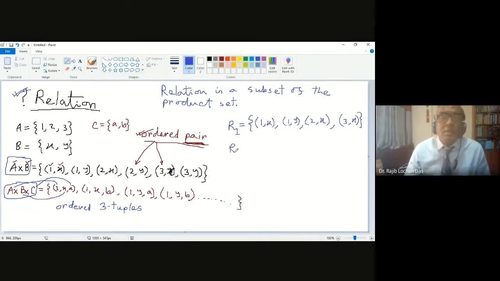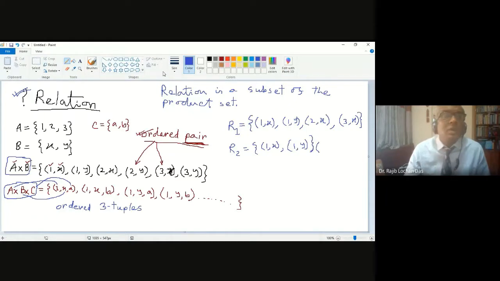If you think about another subset, maybe R2 is the name, and you write 1 comma x, and then 1 comma y, say only these 2.